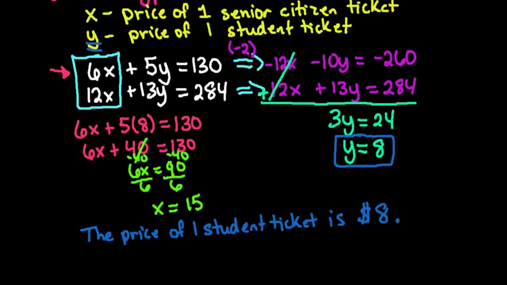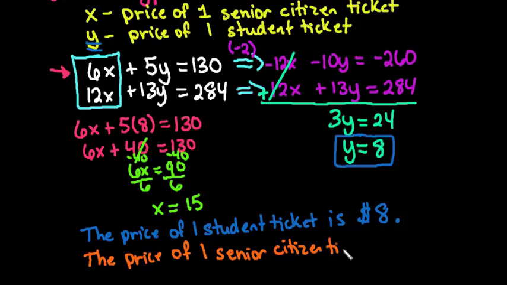Okay, and then we would want to do the same thing for the second one. So we would say the price of one senior citizen ticket is $15.